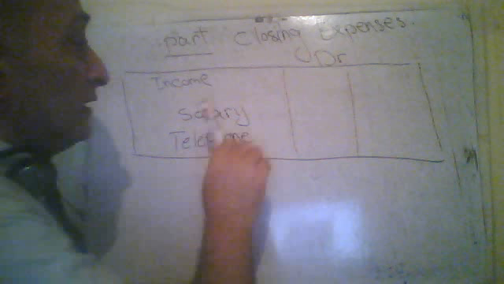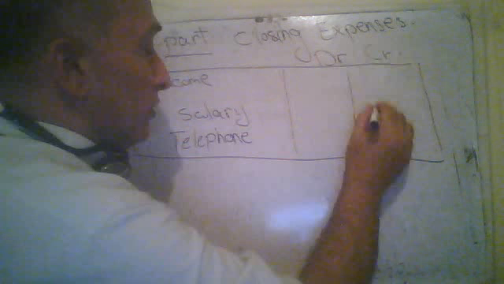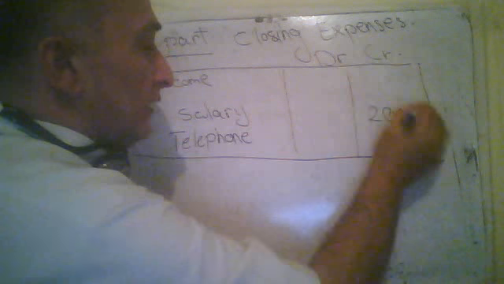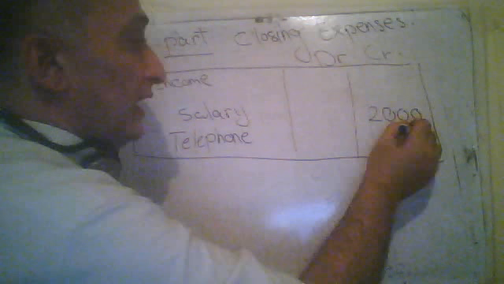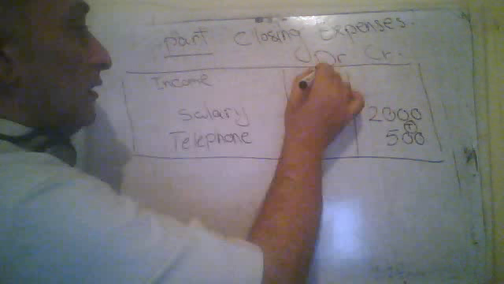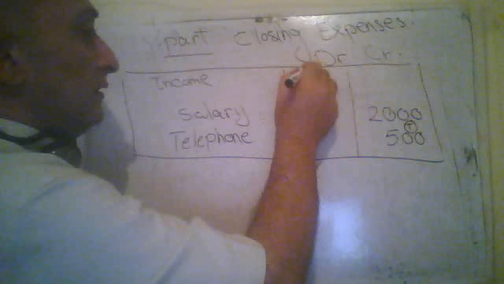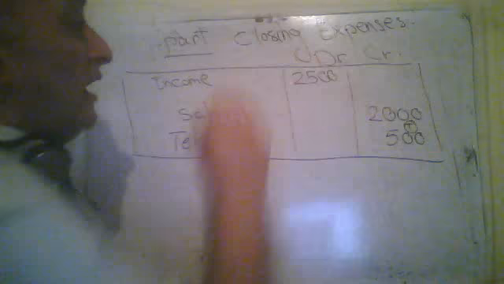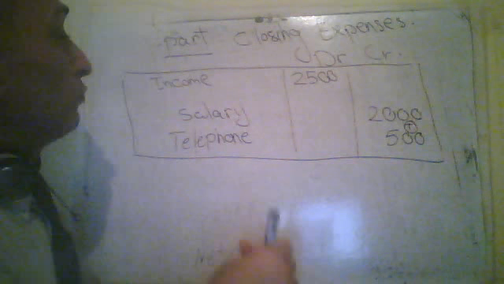Salary I have credit $2,000 and telephone 500. Total to closing income statement 2,500.